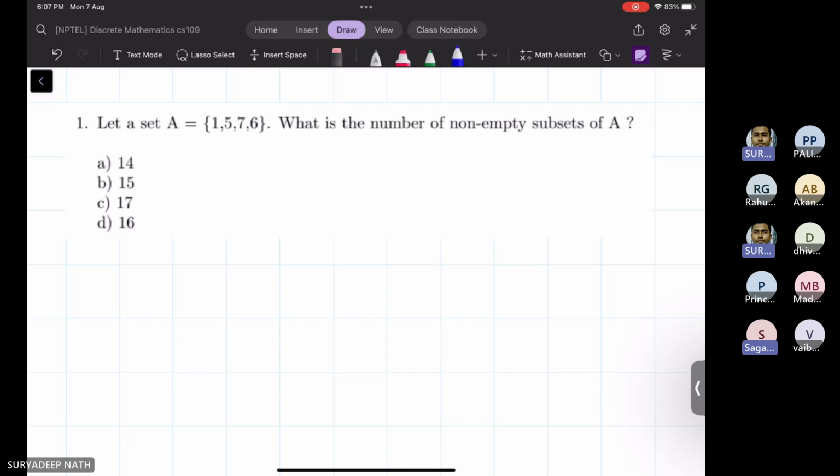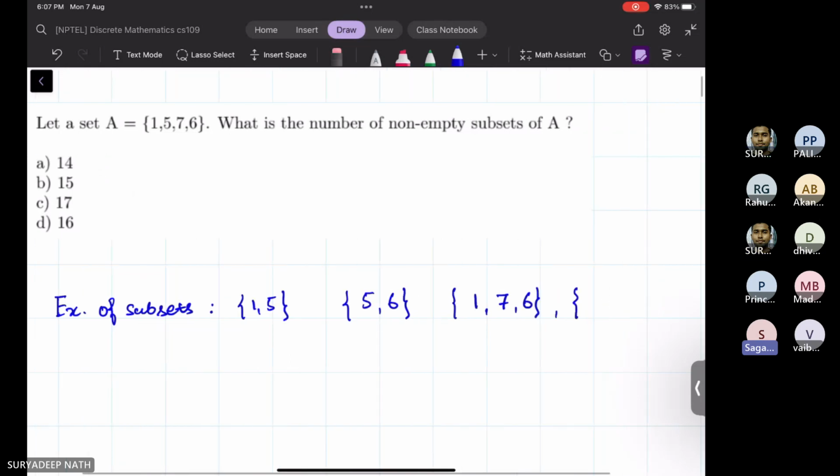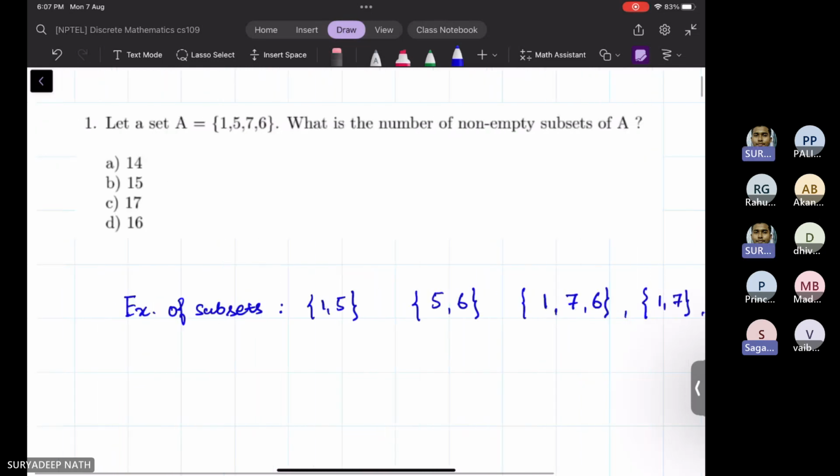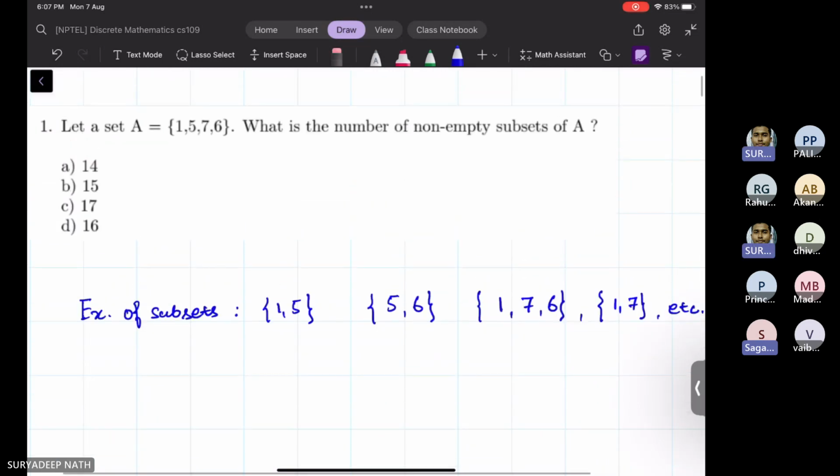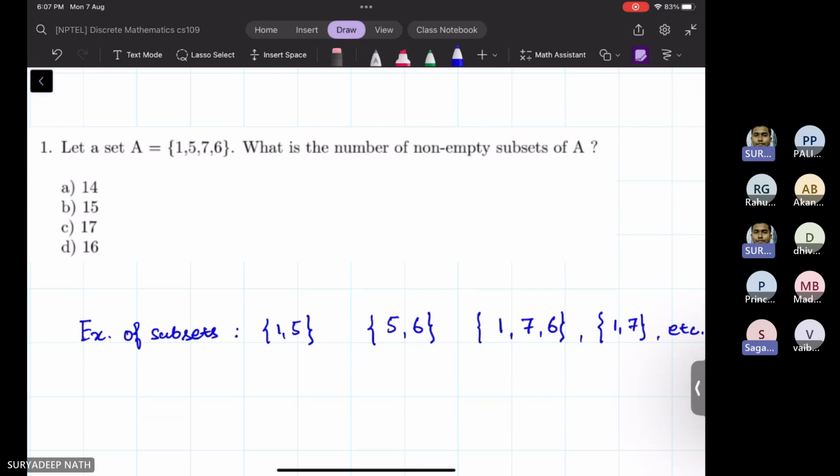Some examples of subsets would be {1, 5}, or {5, 6}, or {1, 7, 6}, or {1, 7}, etc. So these are the subsets of A. What they are asking is how many such subsets of A exist, and we have to consider non-empty subsets.